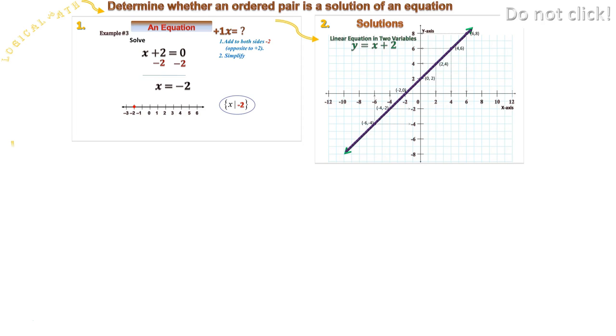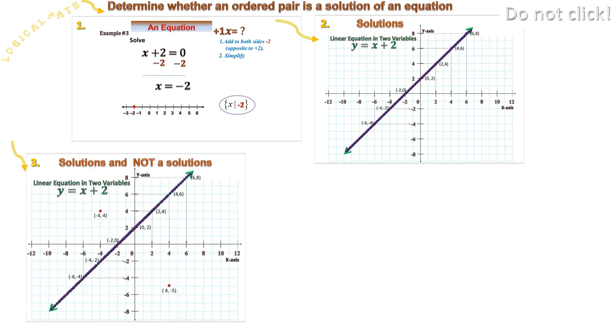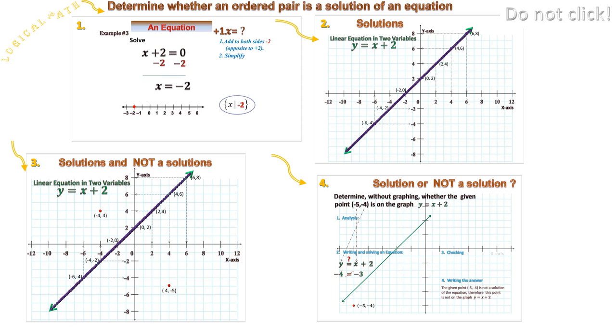A point which is off the straight line would not be a solution. Or we can say, if a point is not on the line, it's not a solution. Now, when we have to answer the question about a point, is it a solution of the equation or not, how can we answer this question?